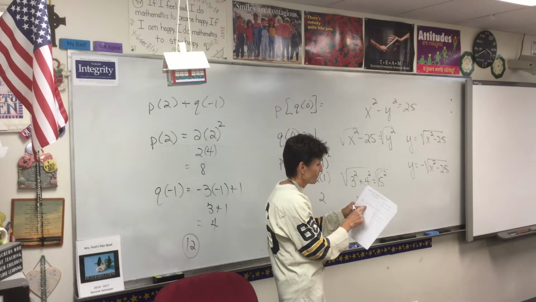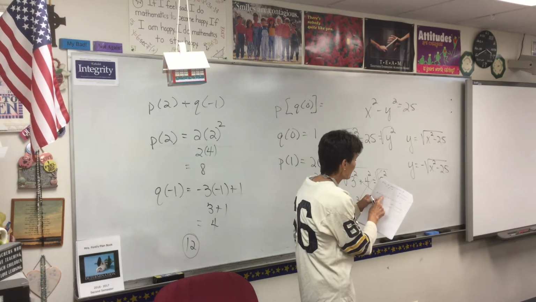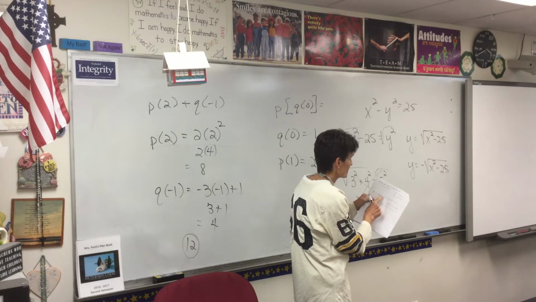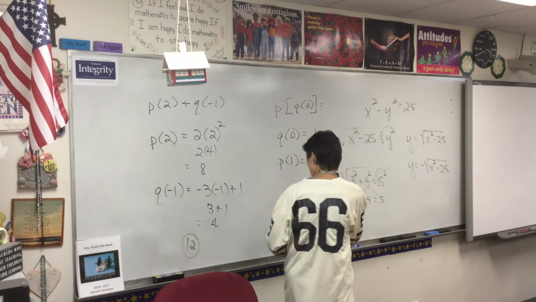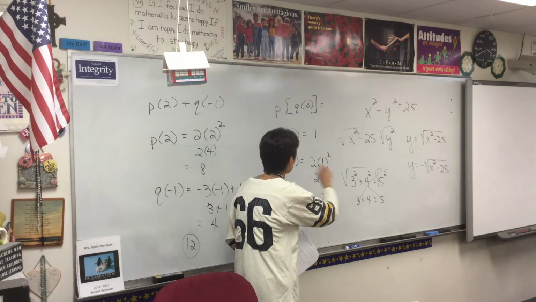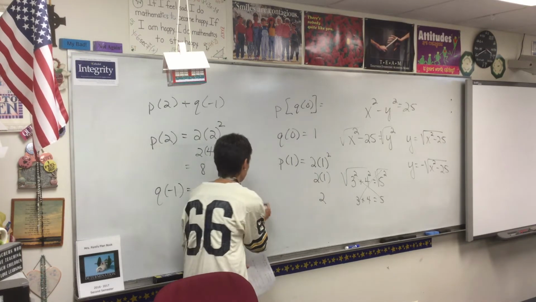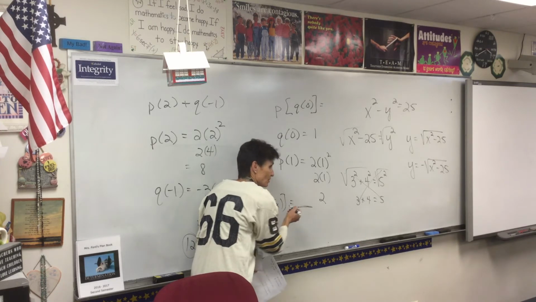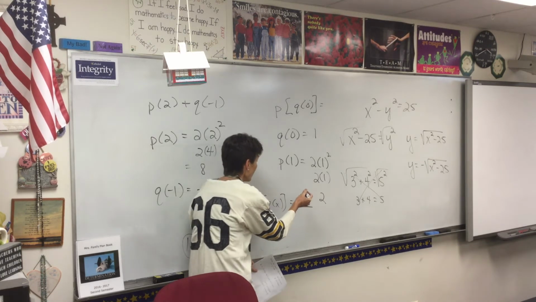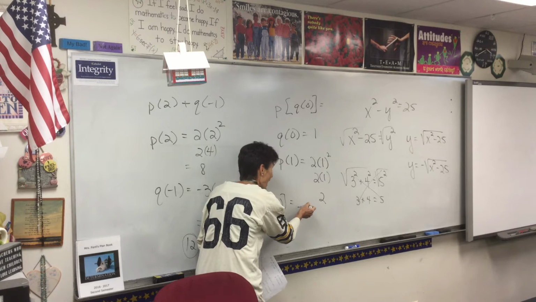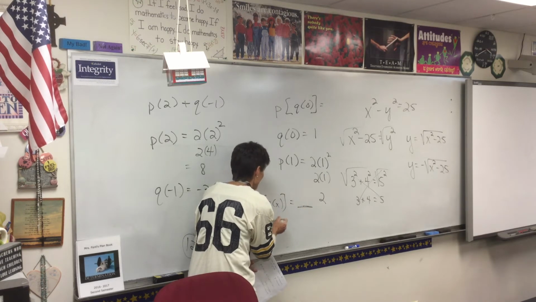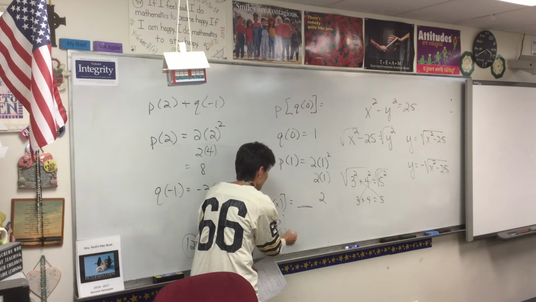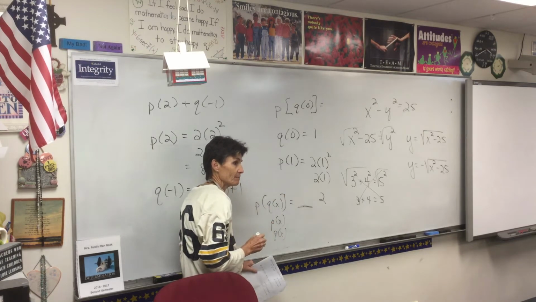So here we go. m of n of x is 3x minus 7. So in other words, remember when we found p of q of x and we got our answer? Now I'm asking you to start with that and tell me what the two original functions were that made that happen.